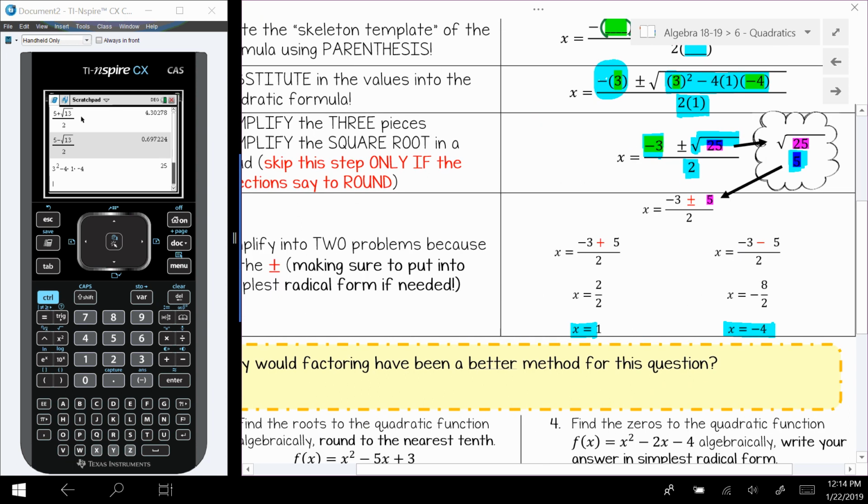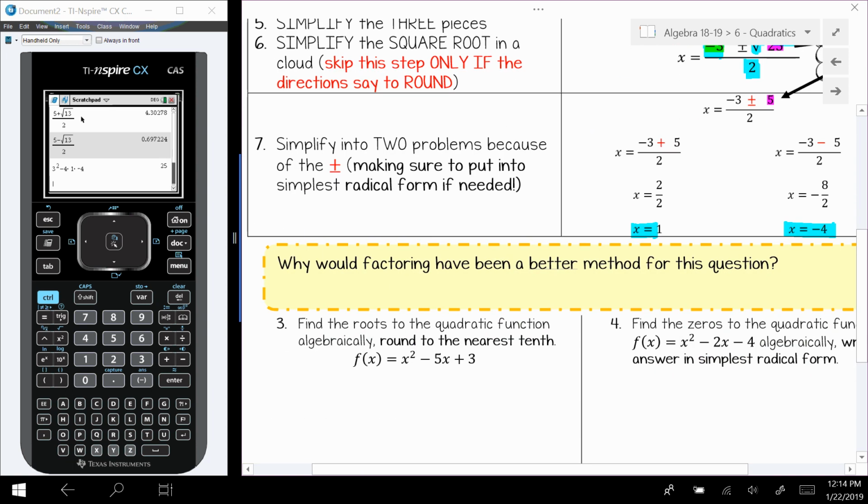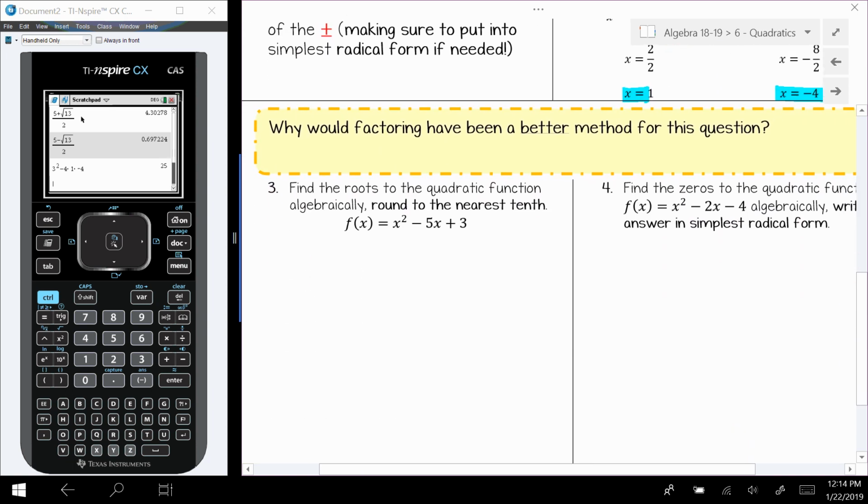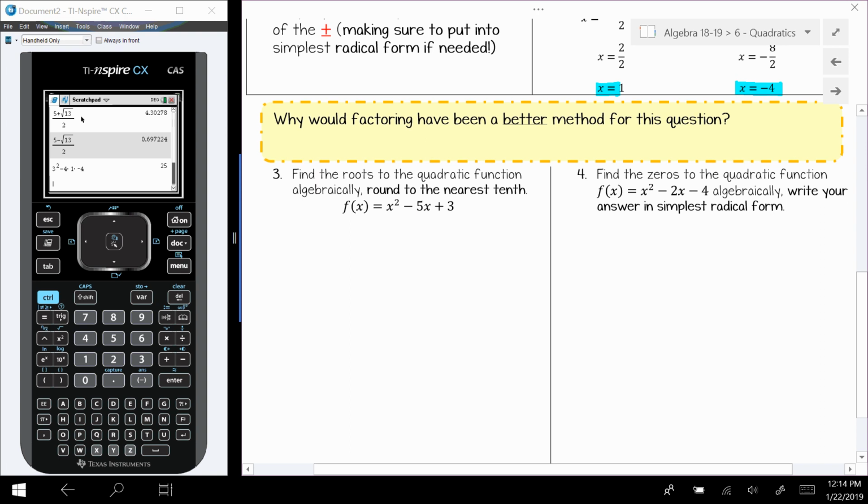So factoring would have been much more fun, but there are times, like in these two guys, where factoring is not possible, okay? And the reason I know factoring is not possible is because it says round to the nearest tenth, or write your answer in simplest radical form. This means that I cannot factor it, but I still need to solve it algebraically.